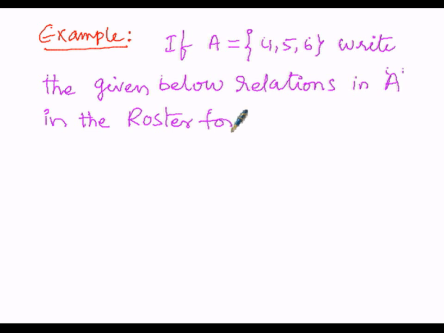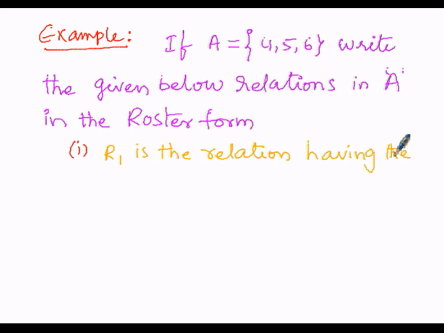So, here we have to list out all the ordered pairs in case of the roster form. Here the first one, let us consider the first relation as R1, the relation having the property, or in other words having the formula, that is equal to.